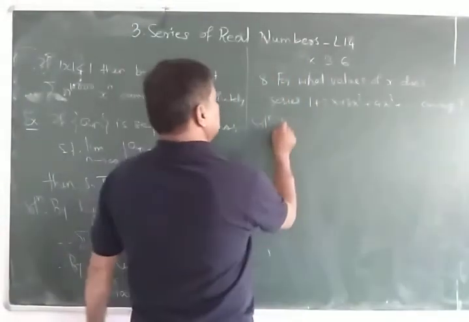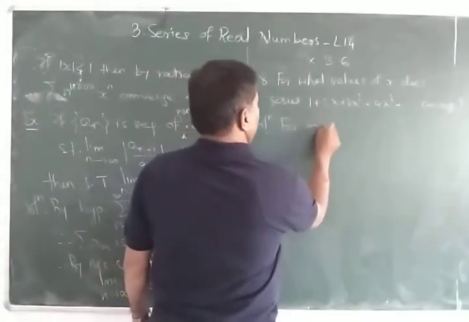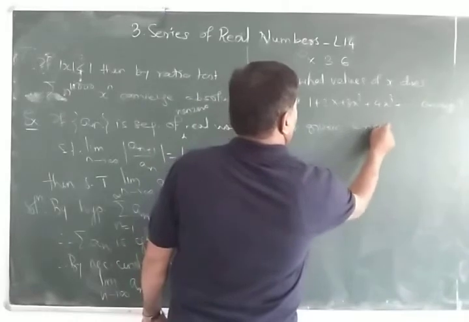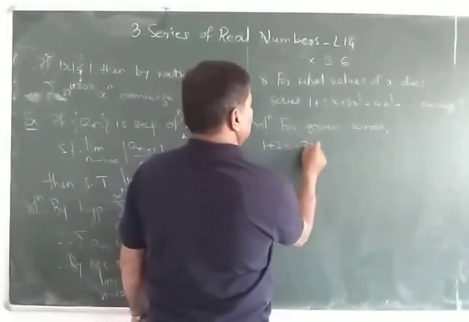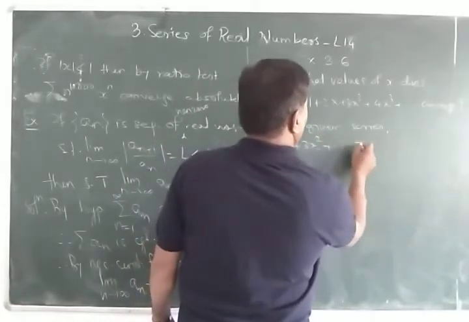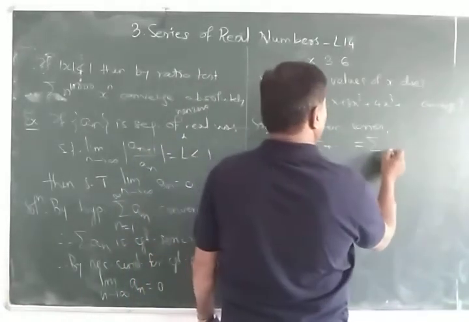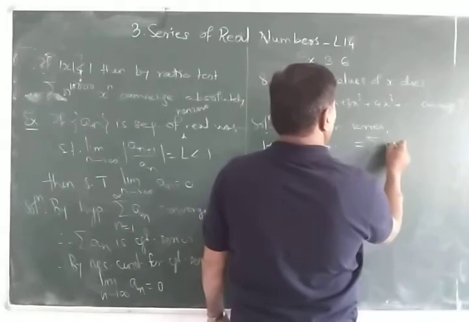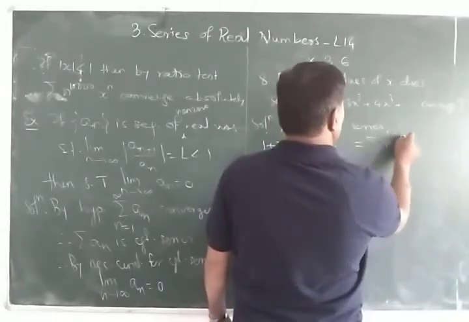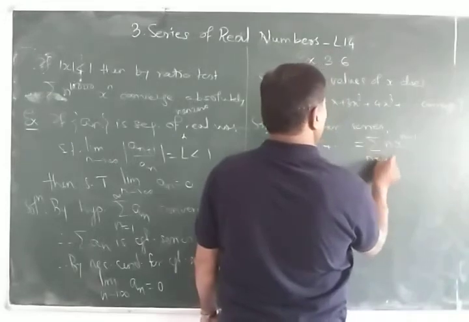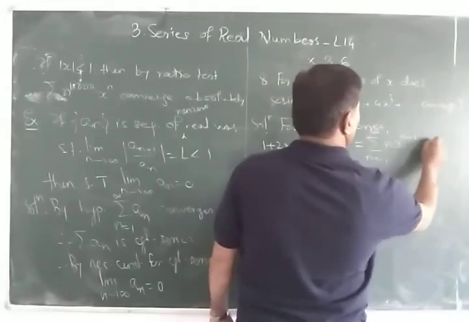for the given series 1 plus 2x plus 3x square plus and so on, this is equal to summation of n into x raised to n minus 1, n is equal to 1 to infinity, equal to summation an.